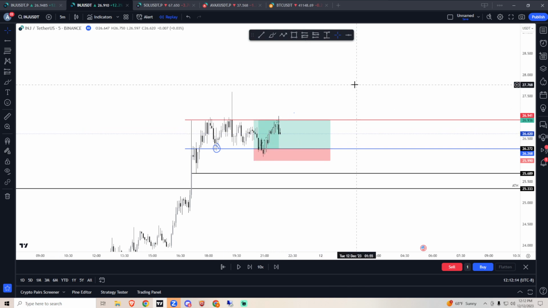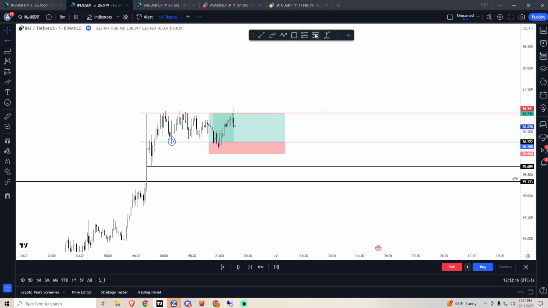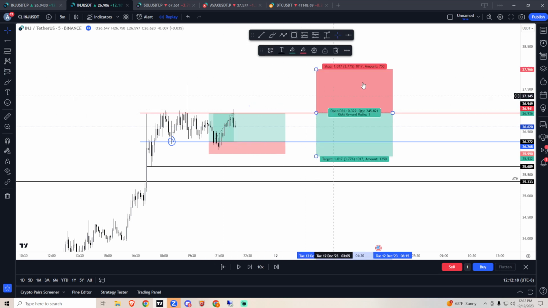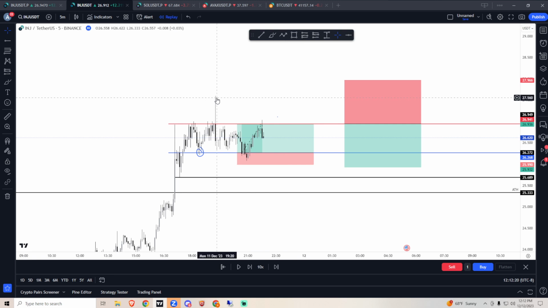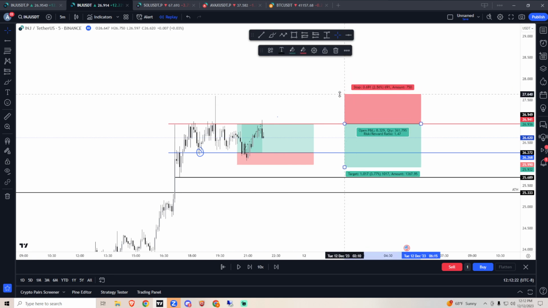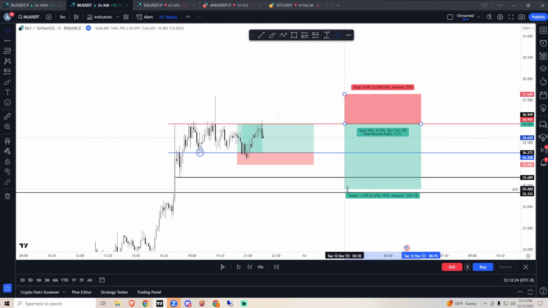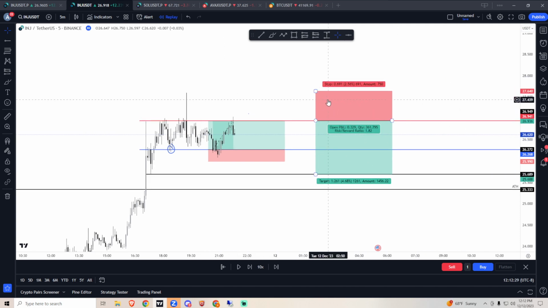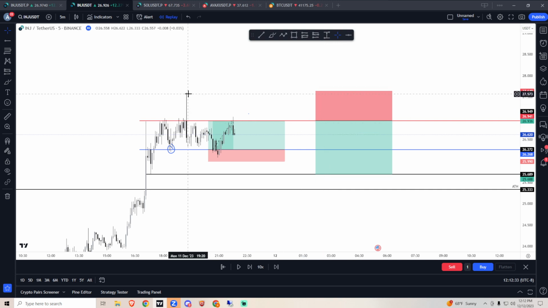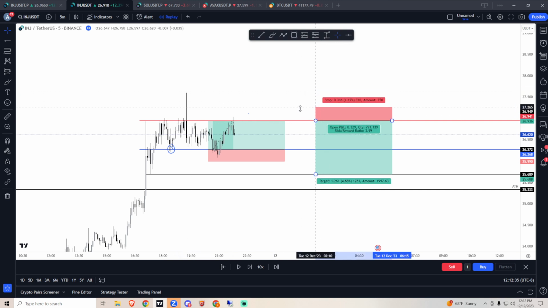Okay, now again, you could have shorted range highs, right? Again, stop placement. If you have the risk tolerance, this R&R is awful, but this would be it. You go in very small at entry, okay? Stops above there. I wouldn't have placed my stop there. I'd probably go somewhere in between, okay?